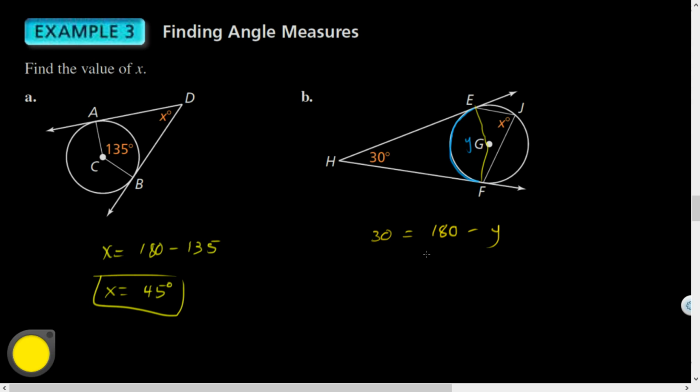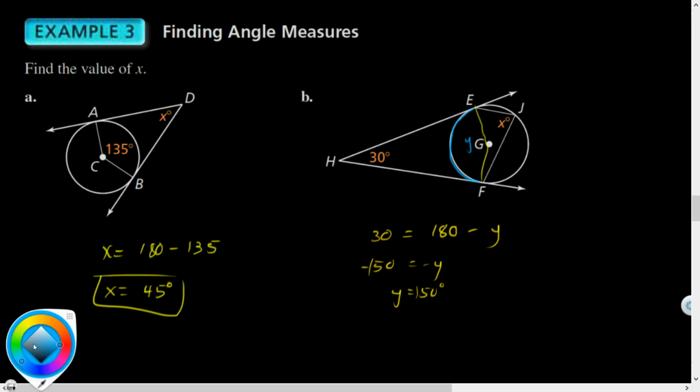So subtract 180 from both sides. I'd get negative 150 equals the opposite of y. So y equals 150. Okay? Did I do that wrong? I did that wrong. That's good. So if the central angle is 150, the measure of this arc is 150.